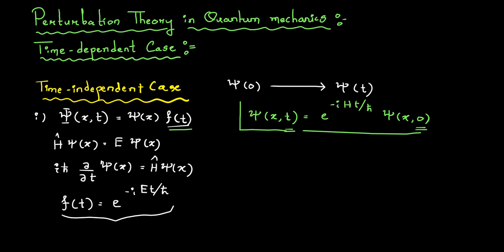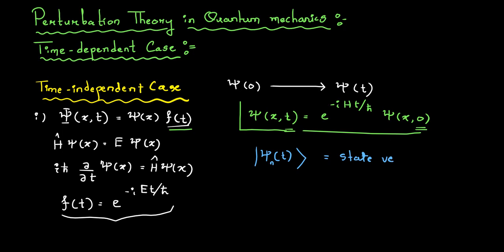Remember that if I use psi of t to represent a particle in a box, with n depicting the various levels, then I can just use this state vector. This is the state vector that represents the particle in a box.